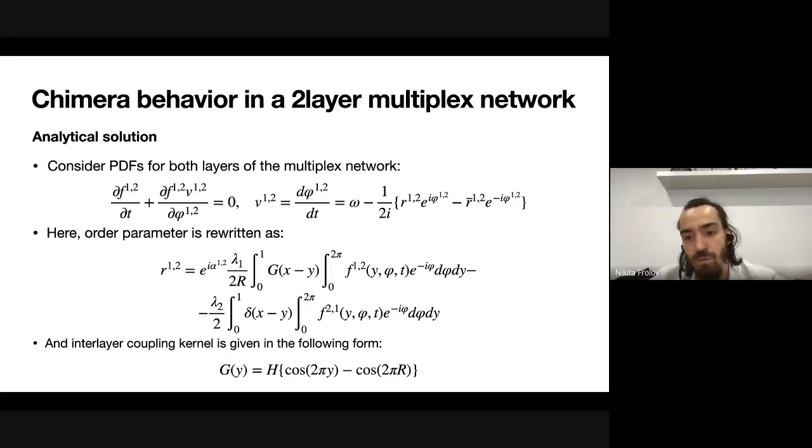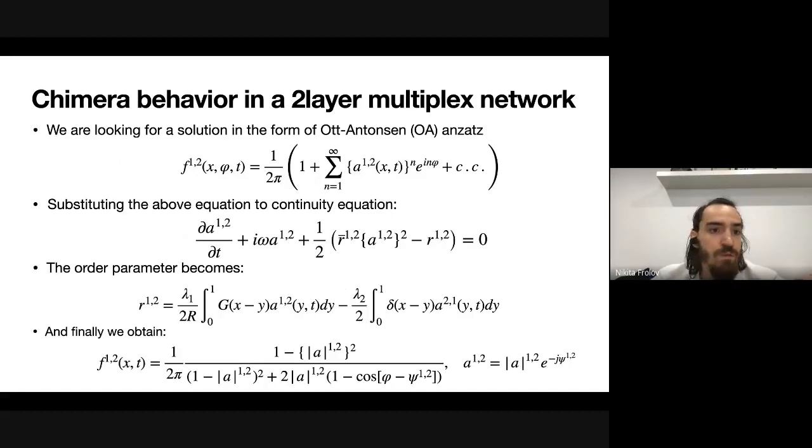To do this analytical treatment, we consider the PDFs of phase dynamics in the space-time domain using the continuity equations. Then we rewrite the order parameter, which characterizes the coherence of each layer of the network, and then we look for the solution in the form of the Ott-Antonsen ansatz, given by the first equation on this slide.